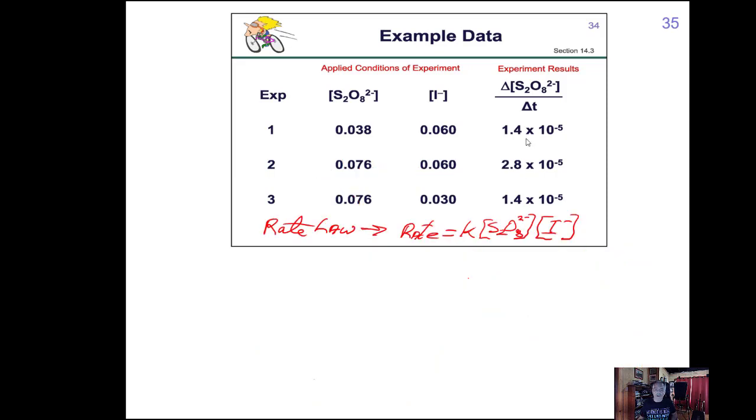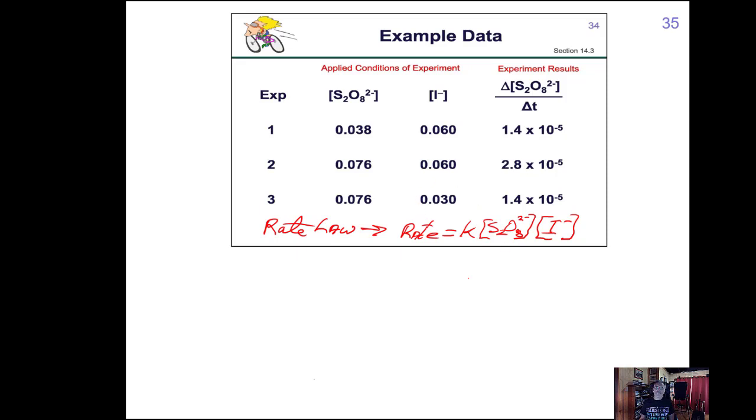Now that we have a rate law, we can figure out several different things that are going to be useful to us. Number one, we can figure out what the rate constant is. Now remember, this is the rate constant, and here are the concentrations with their respective orders in the rate law.